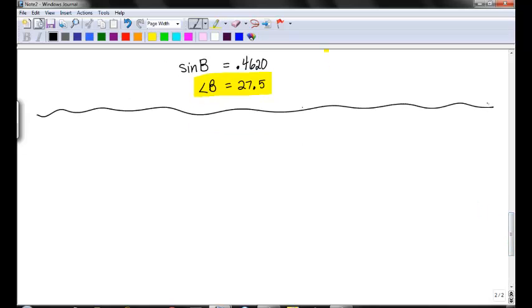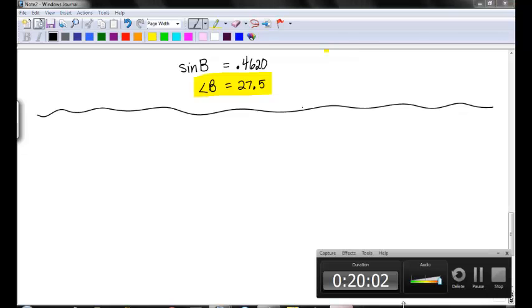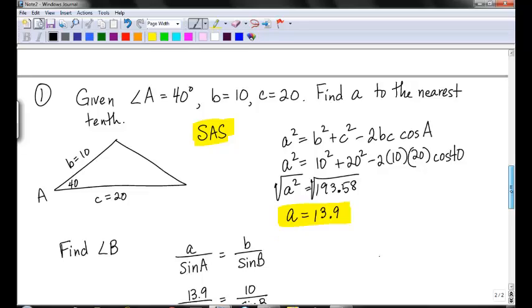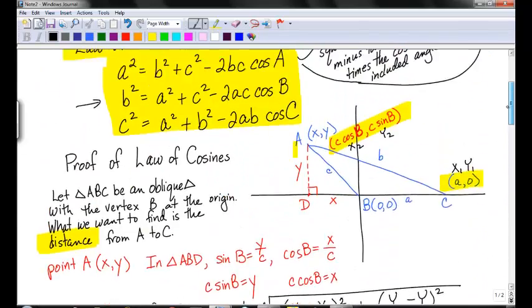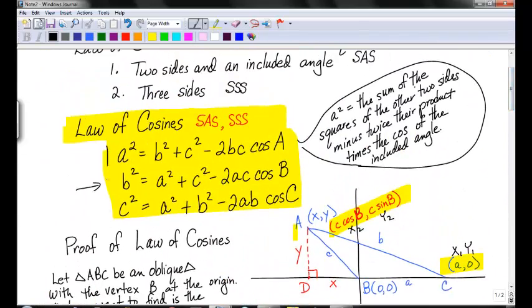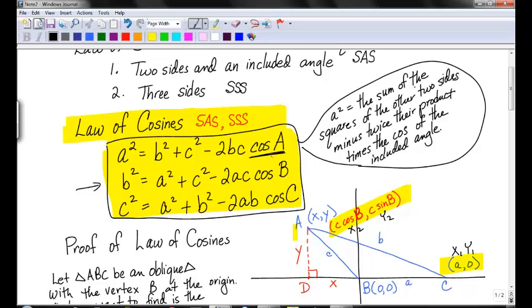If you're solving for an angle, maybe I should do the handout first. Hang on. If I go back up here and I take these three formulas and I solve for the angle, now add these to your card.